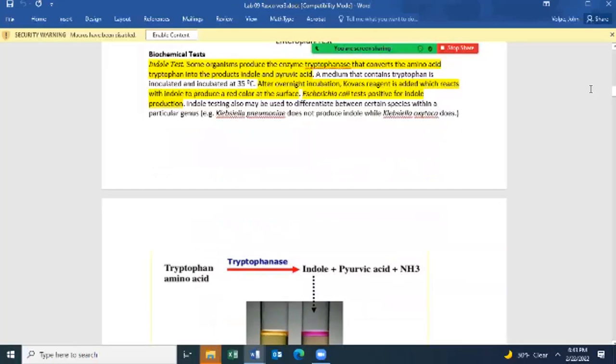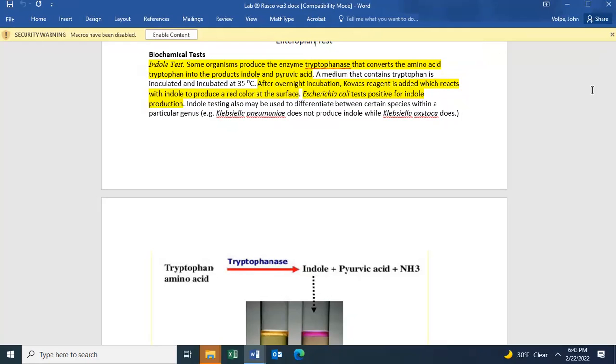The first test we're going to talk about is the indole test. Some organisms can produce the enzyme tryptophanase that converts the amino acid tryptophan into the products indole and pyruvic acid. After overnight incubation, Kovacs reagent is added to the tube, which will react with indole to produce a red color at the surface.